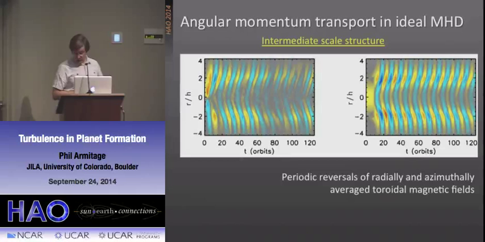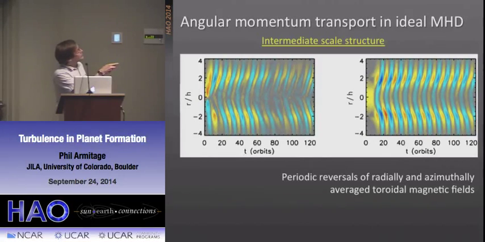So if we, again, just for the moment think about ideal MHD, one of the interesting things we see even in ideal MHD is that there's some sort of intermediate or large-scale structure which develops from the turbulent flow. And this is the part of it that's best known. What you're looking at here is toroidal magnetic field averaged radially and azimuthally over the domain. So the one spatial variable left is height, and it's being plotted here in a space-time diagram.